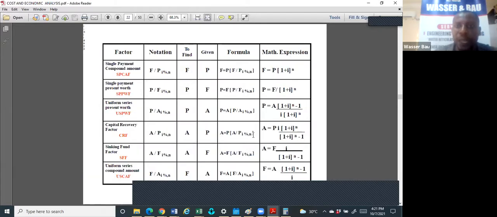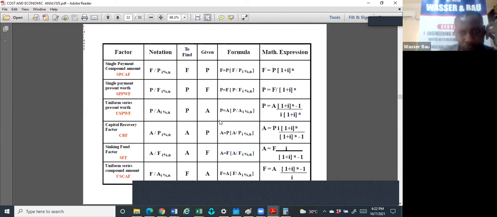Okay. Now, in summary of all the things I've discussed with you, they are summarized in this table. The summary of everything is in this table now. So in this table, you see those 6 economic parameters. Any question that you want to solve within the confines of cost, engineering, and economic analysis must fall into one of these 6.